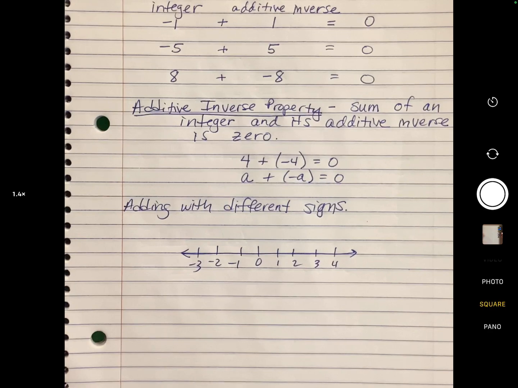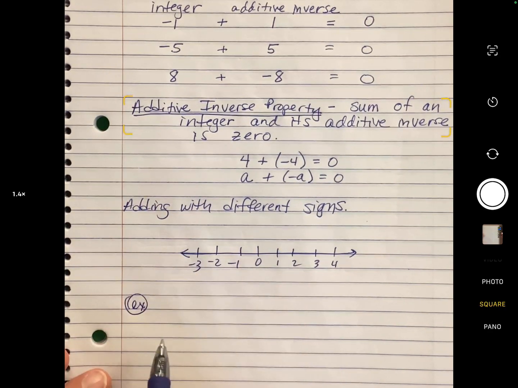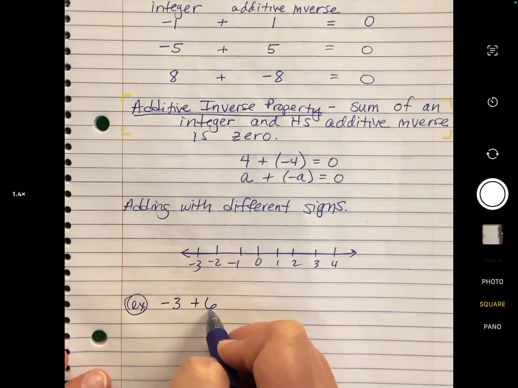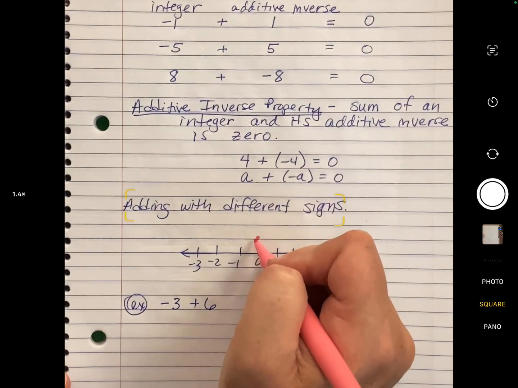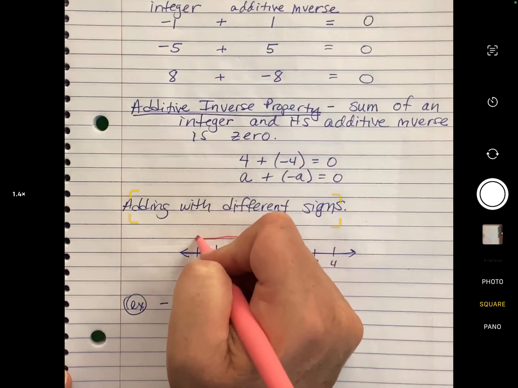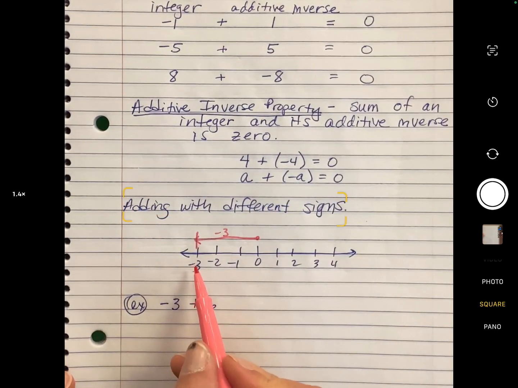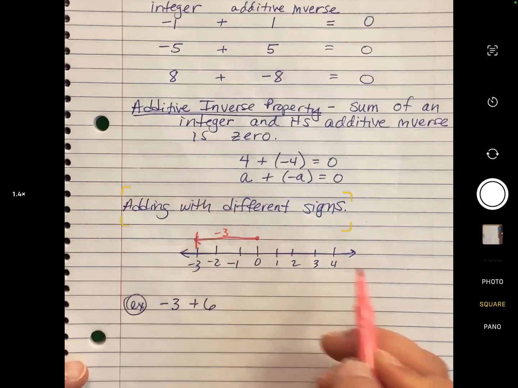Okay, let's try an example, using our number line. If I had negative 3 and I add 6. So think about your dice game again. If you start at 0 and you go negative 3, we're going left to negative 3. But then, if I add 6, I'm going to have to go to the right 6.